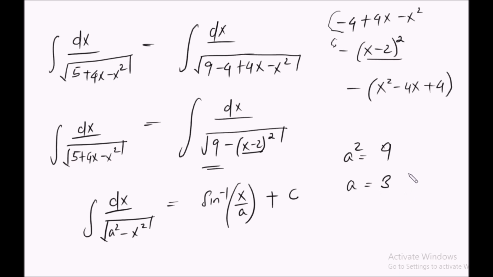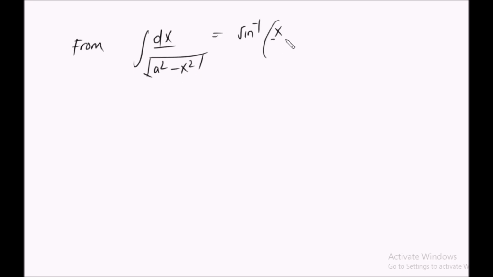Okay? So now let me just start a new page and say, from the standard integral, the integral of the square root of a squared minus x squared is sin inverse of x over a plus c.